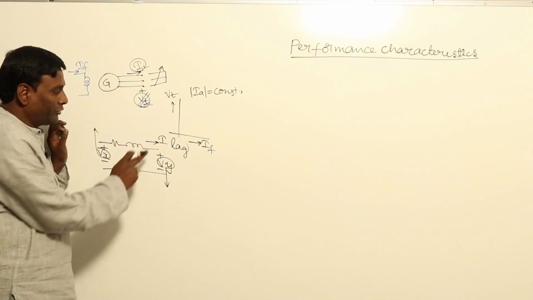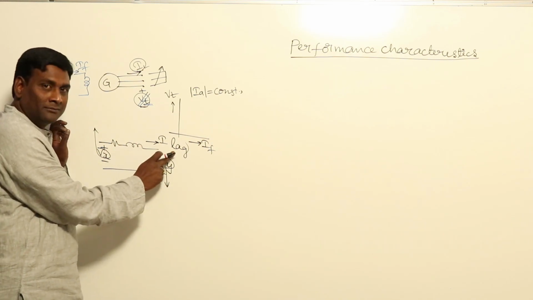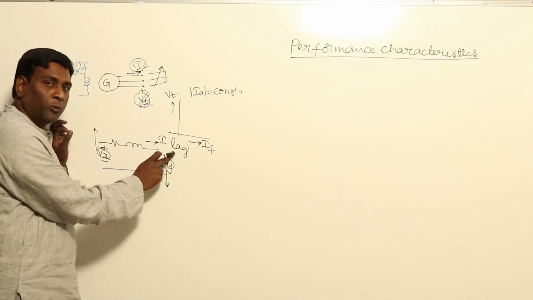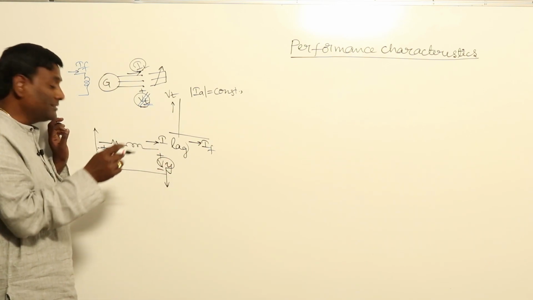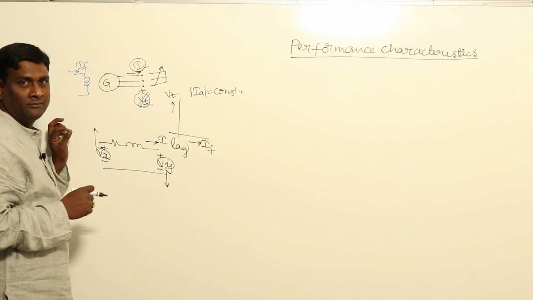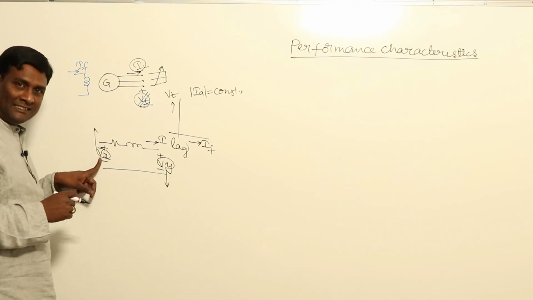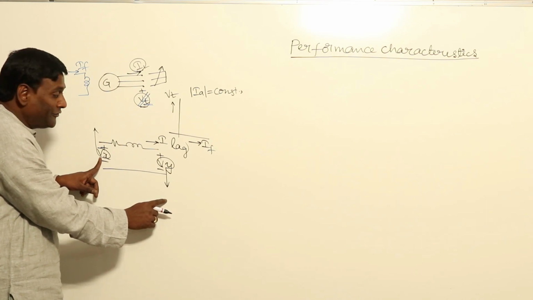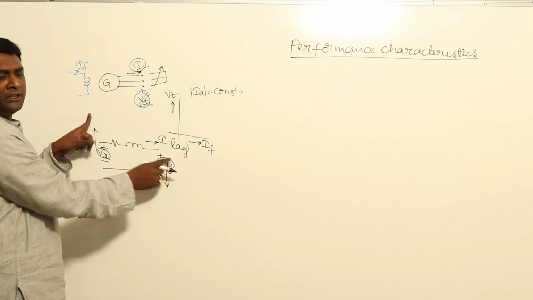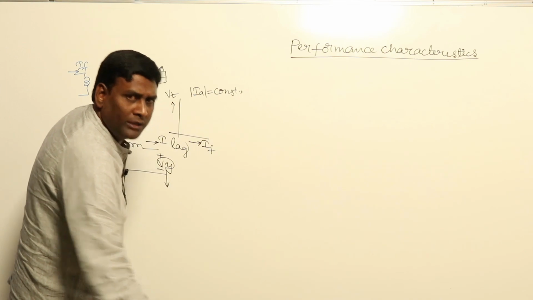Or if you maintain Vy constant, Vx should be increased. So for a given current of lag, my voltage regulation should be positive, meaning (Vx minus Vy) by rated voltage is positive, so Vx should be more than Vy. If Vx is constant, Vy should be less. In order to maintain Vy constant, Vx should be increased. That is voltage regulation.